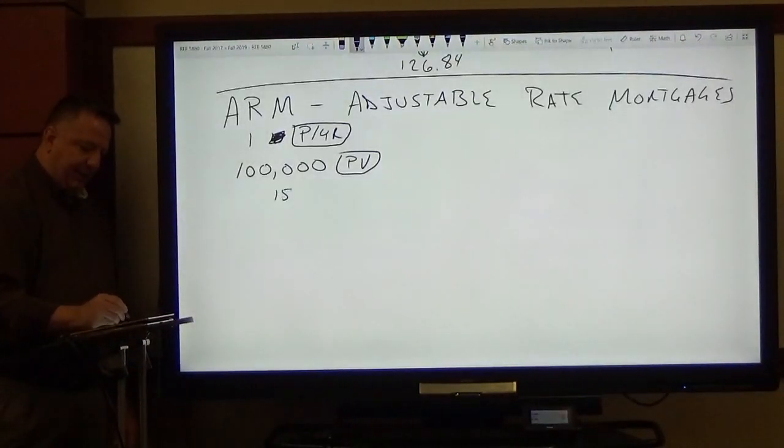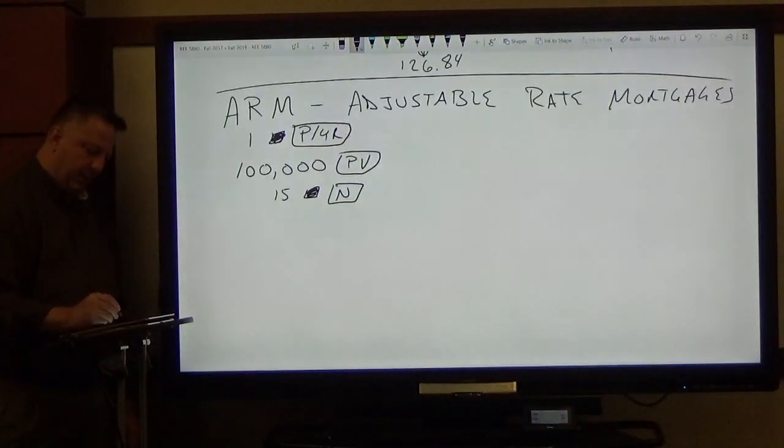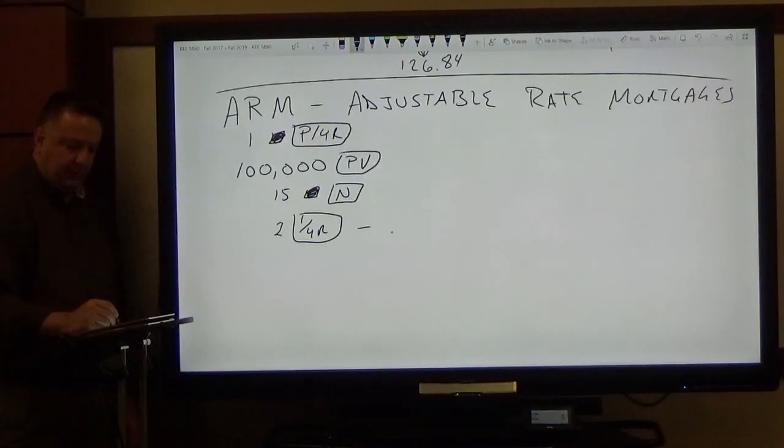And we're going to have 15 payments over 15 years. And let's say that our initial interest rate, and we're going to use a term here just because it's kind of what happens, let's say it's a really low interest rate of 2%. And we're going to call that rate, because it's a really low interest rate, a teaser rate.